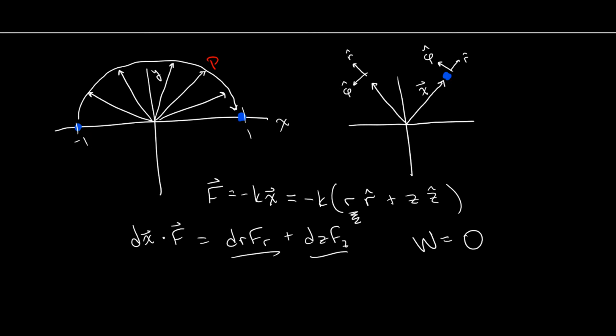We haven't shown necessarily that it's independent of the path yet. So this seems to be sort of hinting at something fundamental. But maybe it's just the particular force we're looking at. Maybe this isn't always the case. So to investigate, let's look at a different force.